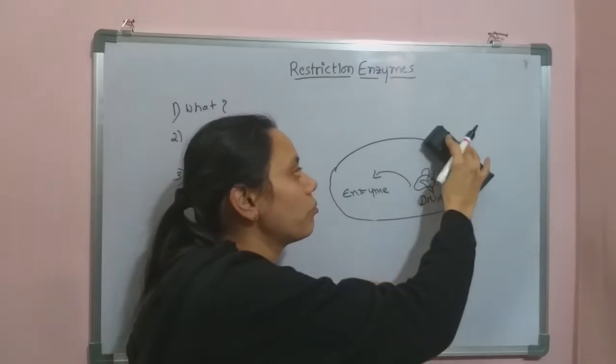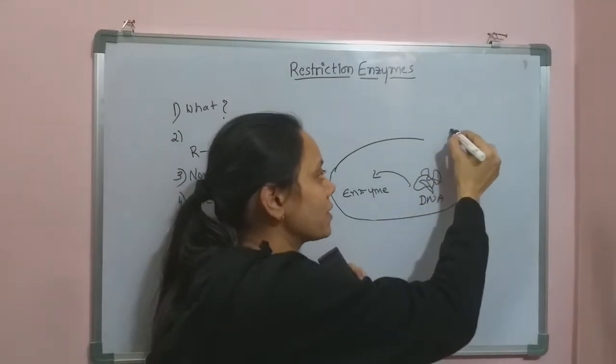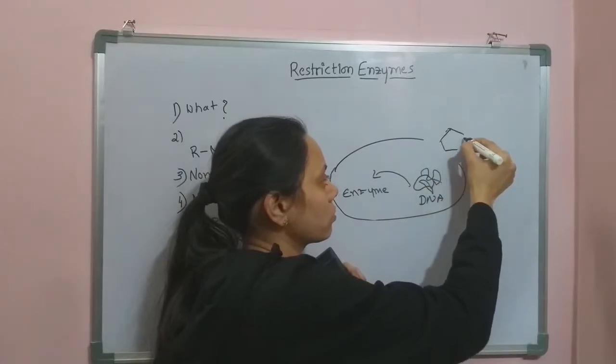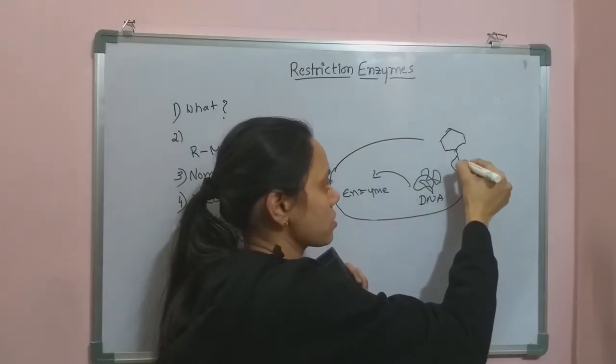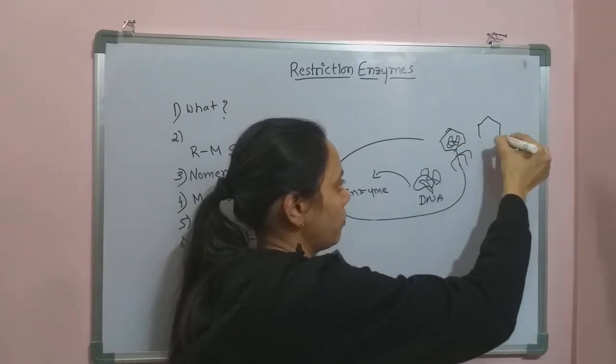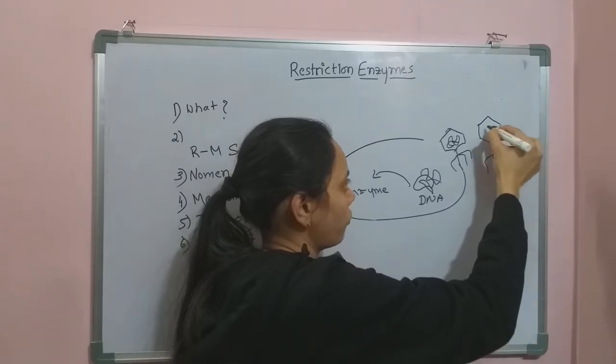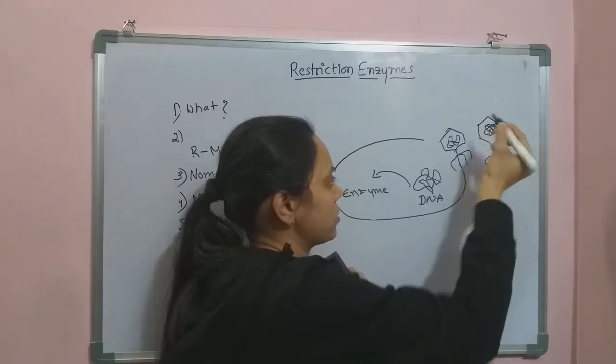Then the bacterial cell wall will burst to release the daughter bacteriophages. So that is the infection process of the bacteriophage.